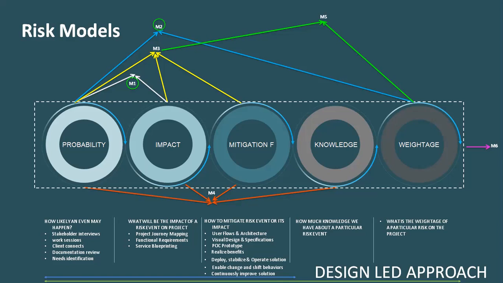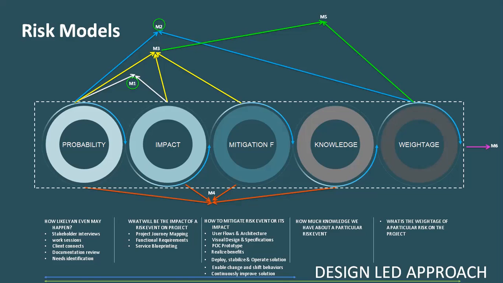Right? Now, we need to calculate the risk for a particular project in terms of numbers. The difficult part is, regardless of which model you implement, and you can implement all the models in one project, that depends upon what kind of project you're running, how complex it is, what the value of the project is in terms of dollars, how big the project is, how widespread it is, multi-stakeholder, multi-client, multi-geography, right?